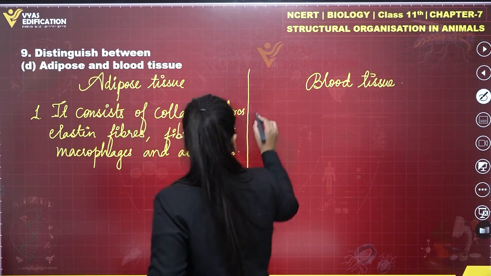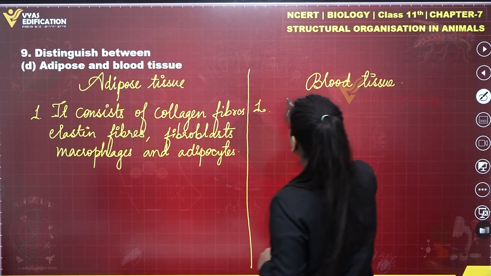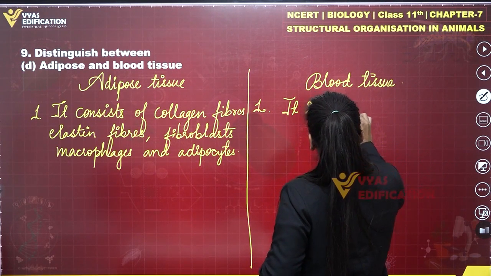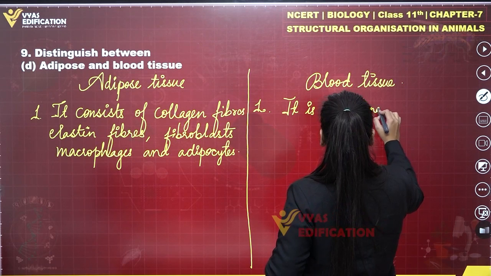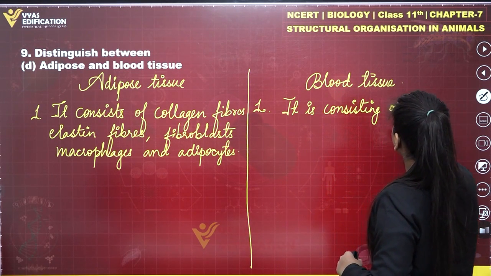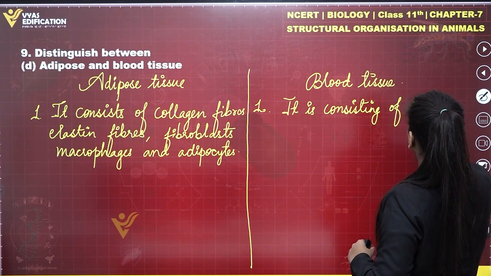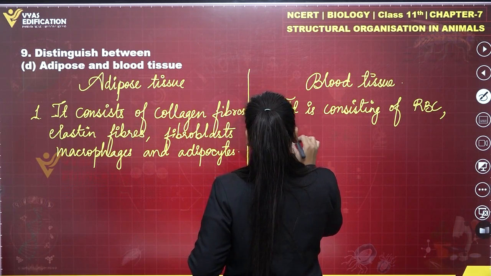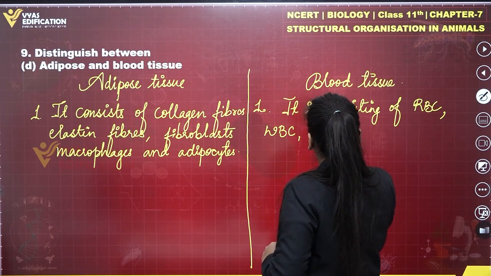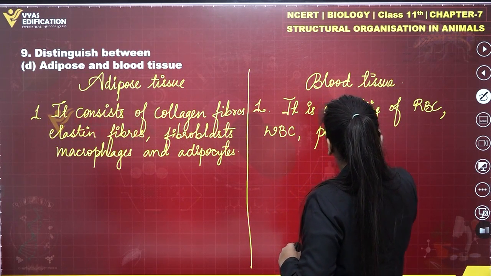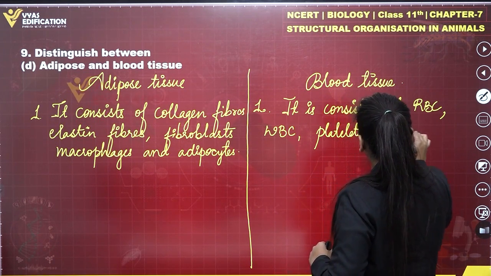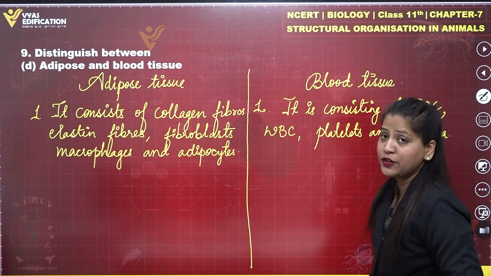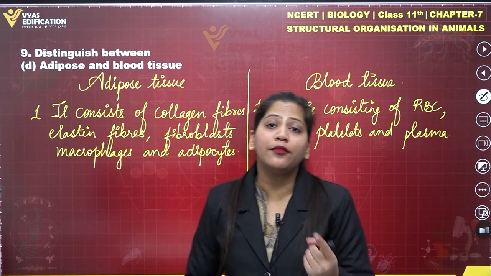Whereas blood tissue consists of RBC, WBC, platelets and plasma. Now the second feature about adipose tissue is the function.